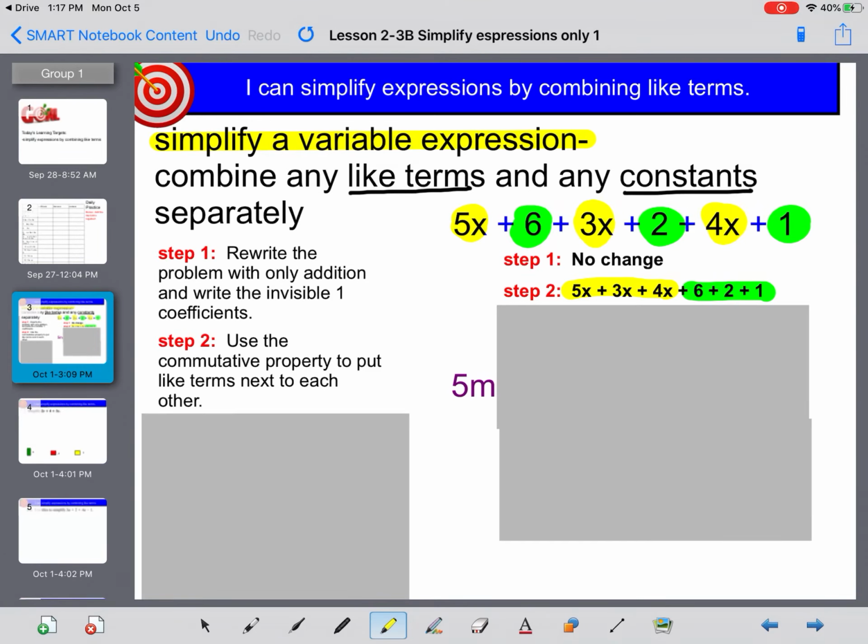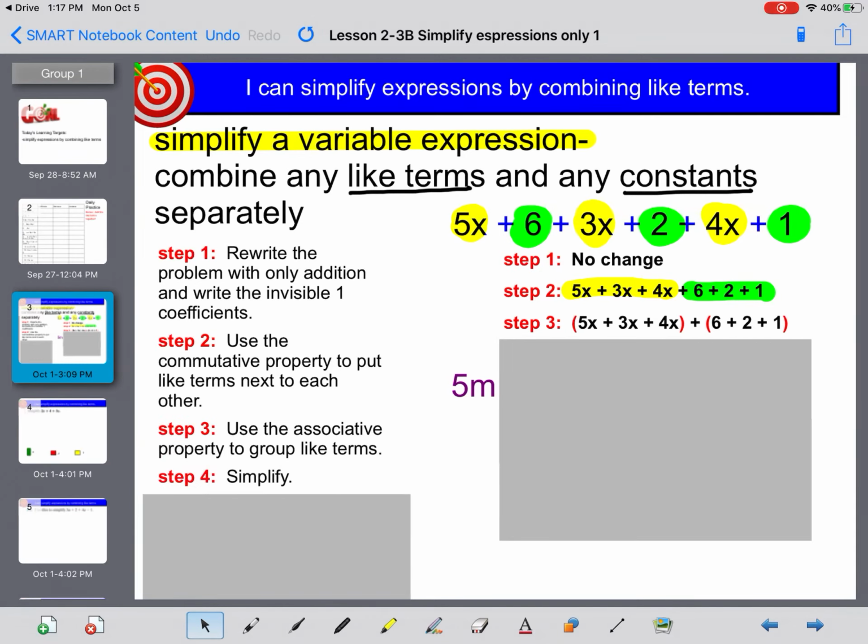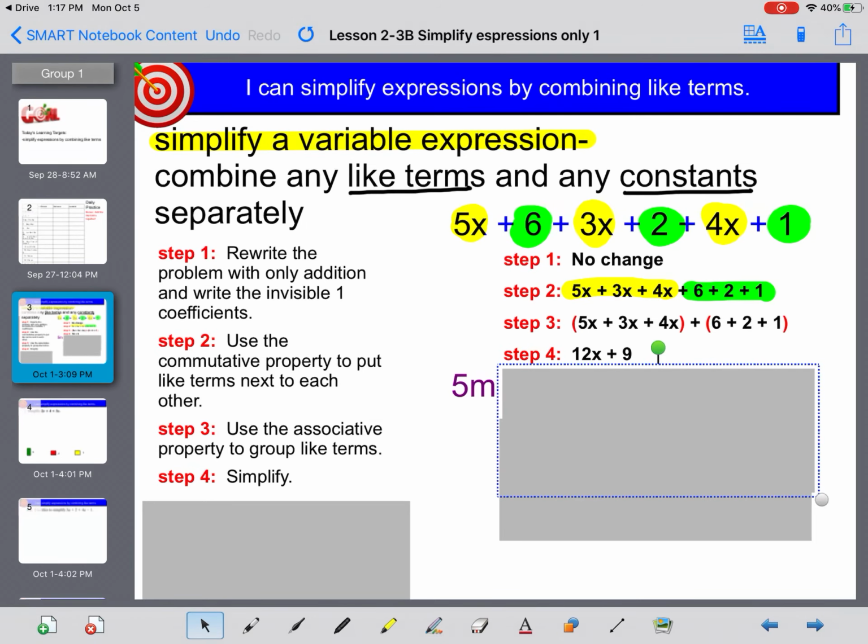That was the commutative property that allowed me to change that order. Now, using the associative property, notice I put some parentheses around here, I'm able to group them together. And now I'm going to simplify. 5 plus 3 plus 4 is 12x. 6 plus 2 plus 1 is 9. And I leave that 12x plus 9.